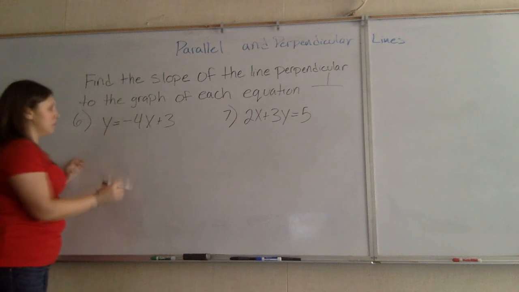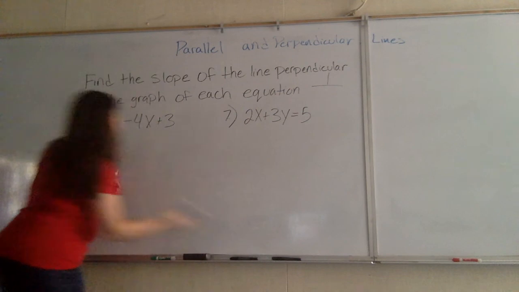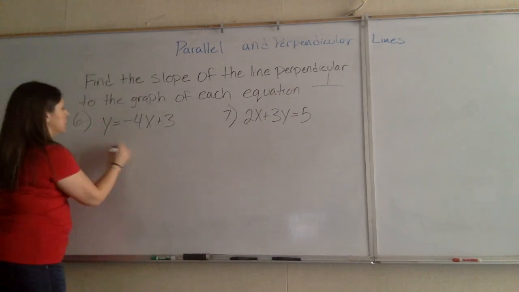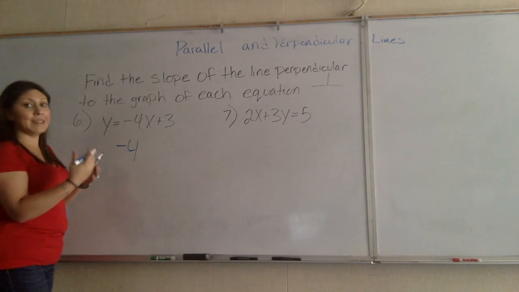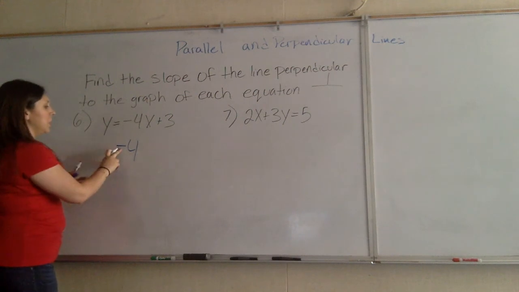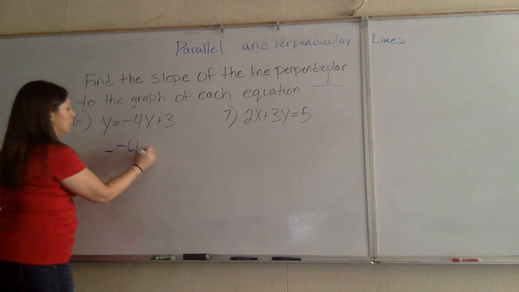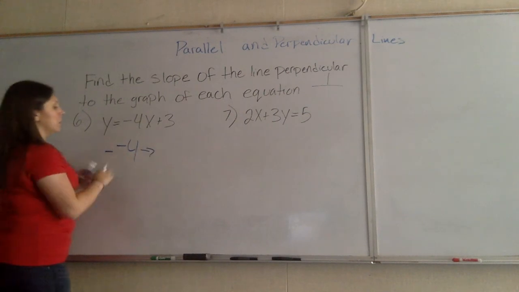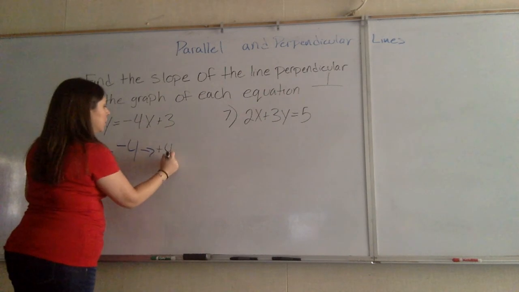What that means is I'm going to take my slope. For instance, my slope in this one is -4. I'm going to find the negative of that. A negative times a negative gives me a positive, so I'm going to have a +4 here.